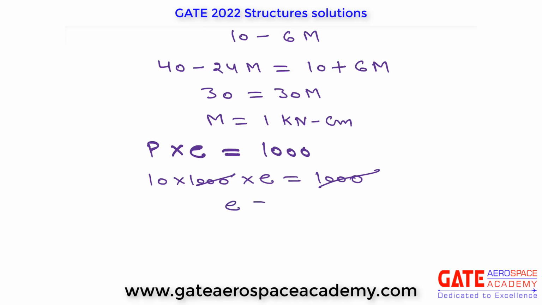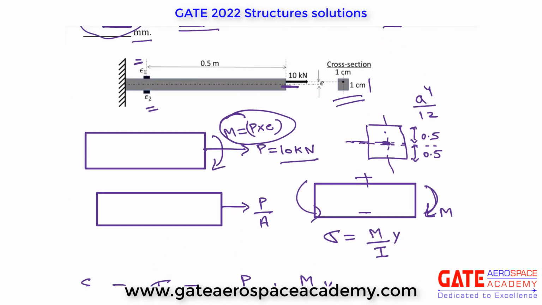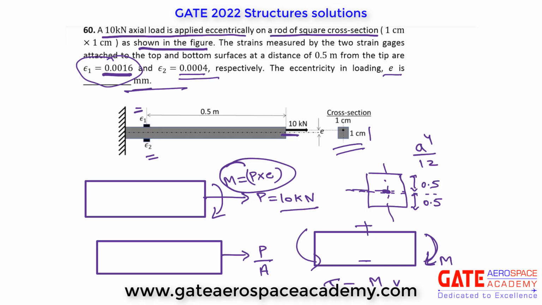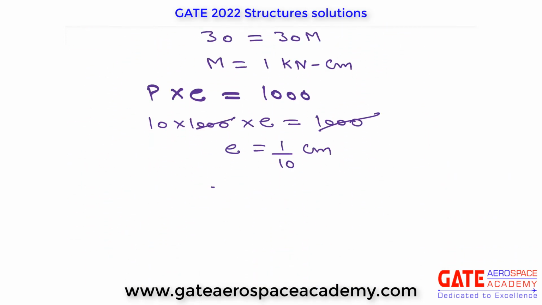So e is equal to 1 by 10 centimeter, but they are asking in mm. So 1 centimeter is equal to 10 mm. Answer is 1 mm. Right?